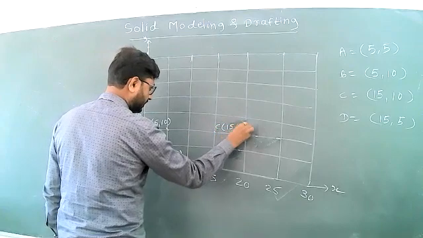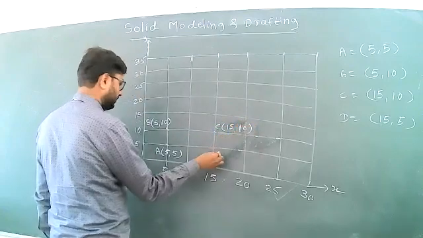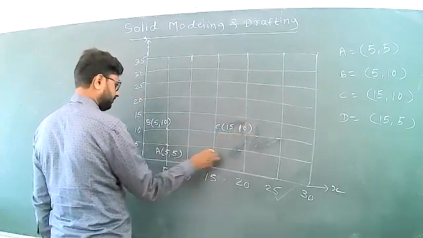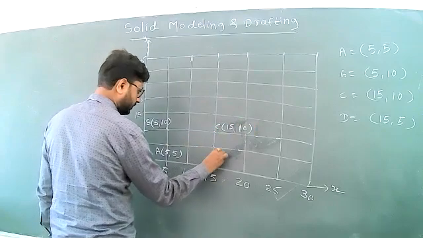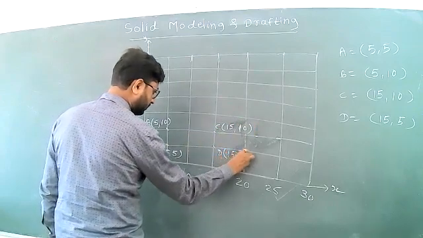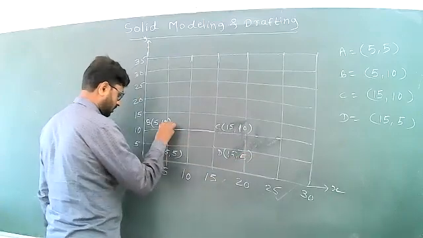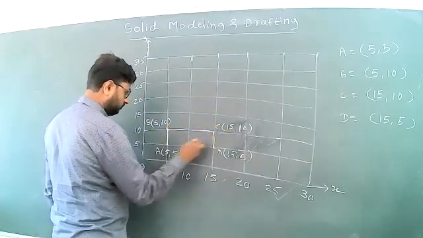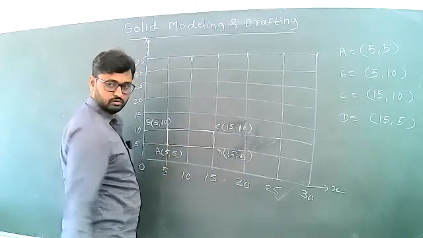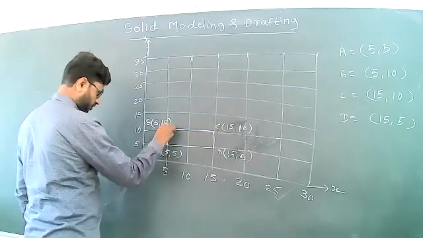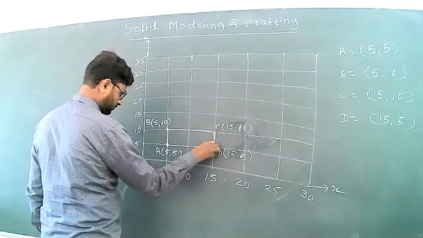Point D is 15, 5. We join all four points.